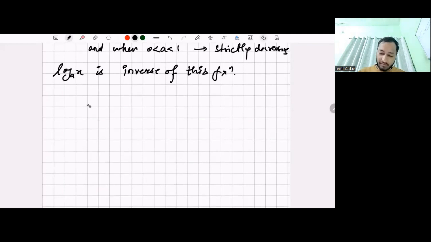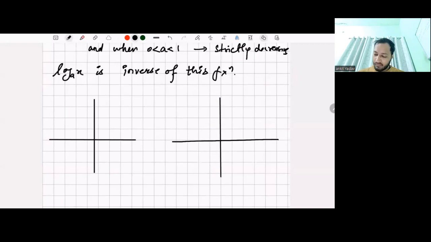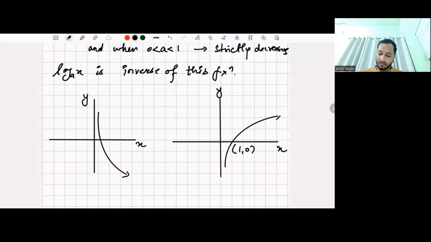तो यहाँ पे ग्राफ्स, लेट मी मेक द ग्राफ. ठीक है. x y x y 1, 0 पे काट रहा है. दिस इज फॉर दिस वन, एंड अगर a की वैल्यू एक से ज्यादा है then the function is like this.